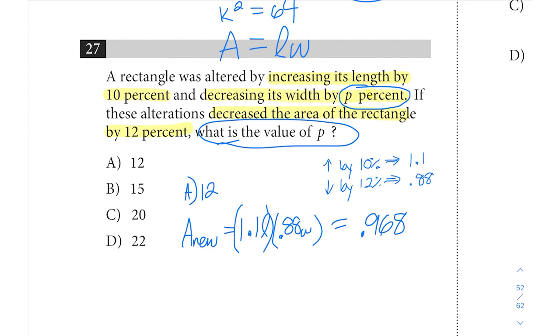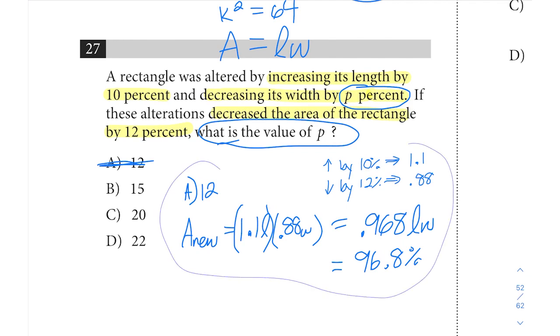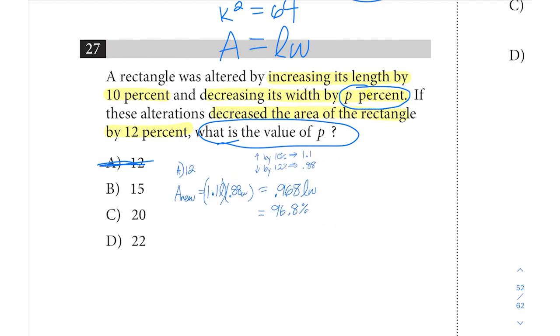And if I do 1.1 times 0.88, I'm going to end up with 0.968 LW, which is equivalent to saying 96.8% of my original area, or a decrease of merely 3.2%. So A doesn't work out for this one. We're going to have a greater value for P to indicate a greater decrease in our width to match this.